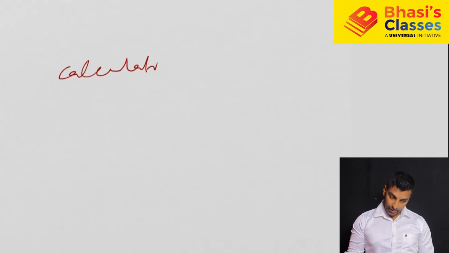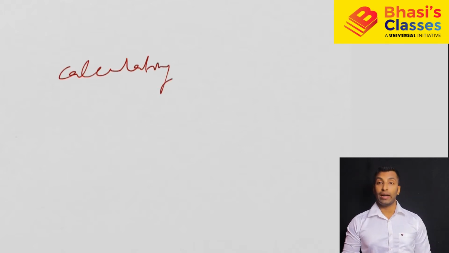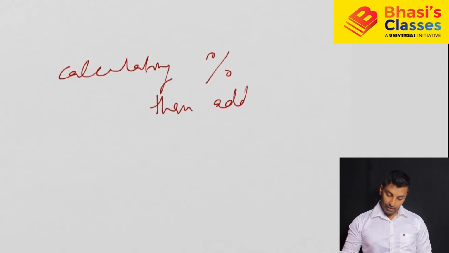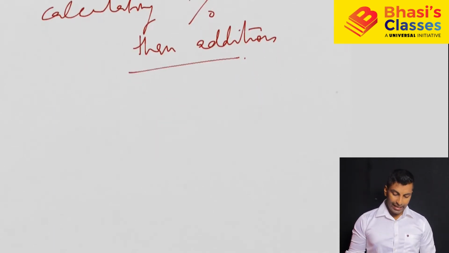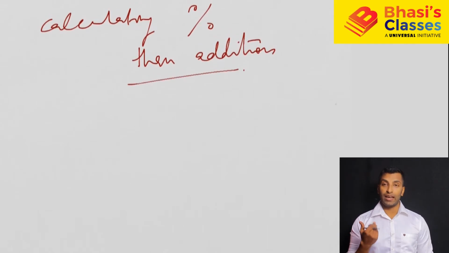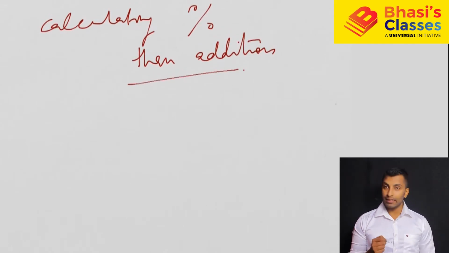The first point that I need to discuss is the rule for calculating percentage values through addition. I'll take up some difficult values later, but before that let me take a simple value.